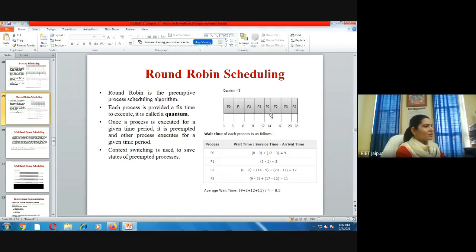After that P1 is not needed because it executed in the first round itself. Then it's the turn of P2, to which we assigned 3 units, and then P3. Again you can check the data: P3's execution time is 6 only, so in 3 plus 3, P3 is over here. The second round is over at time instant 20.